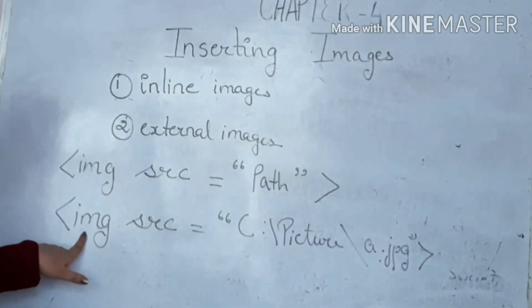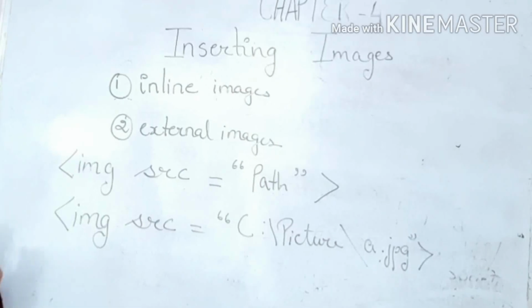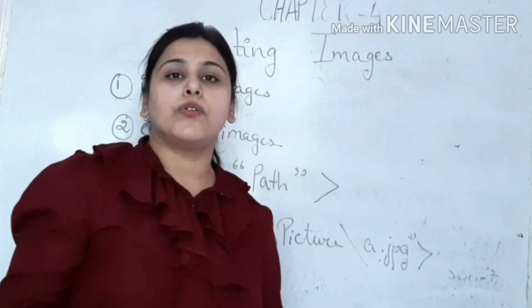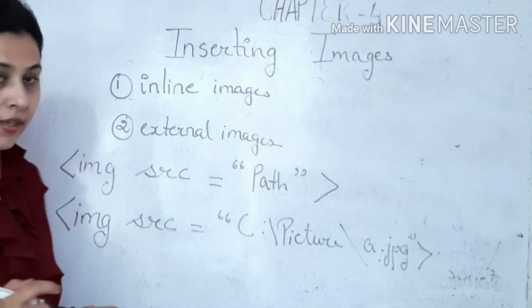Clear? Now this image tag has certain attributes. If you want to resize the image, you make use of the attributes height and width. How?